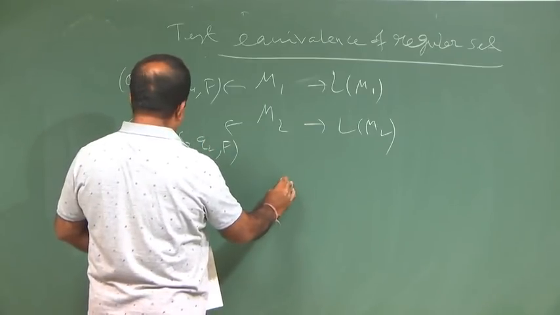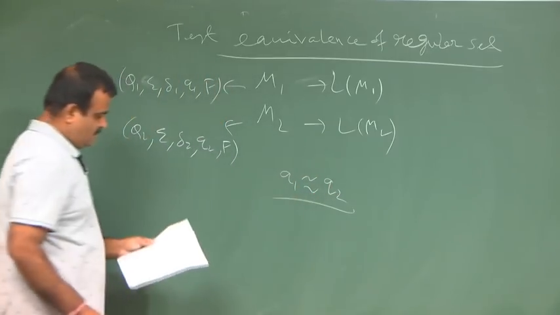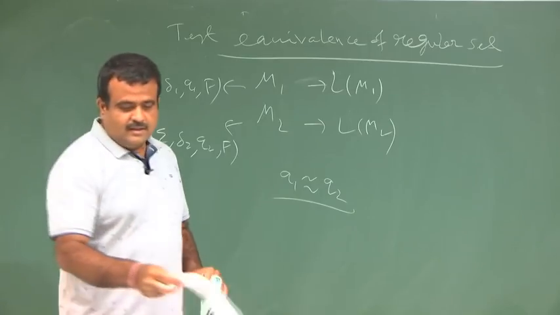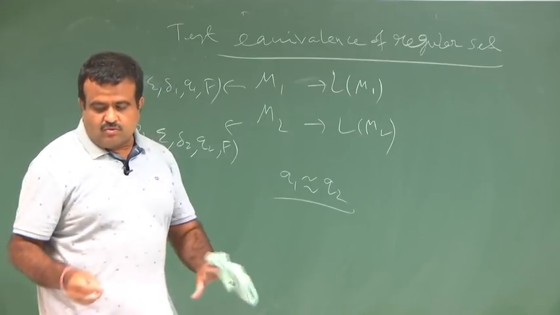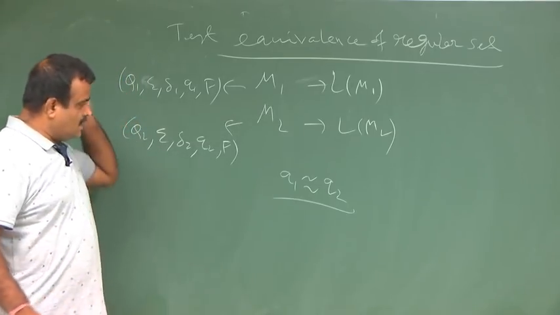Now, if q 1 is equivalent to q 2, then both are the same. We have an example for that which will be given in the lecture notes. This is the way we can find out whether two DFAs are equivalent or not by using this tabular method.